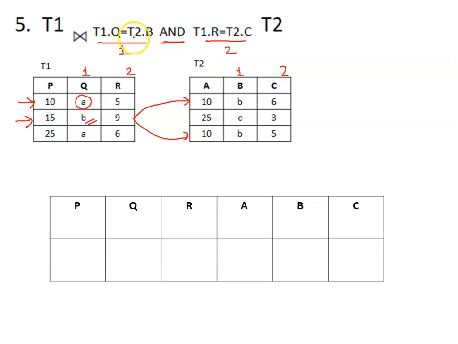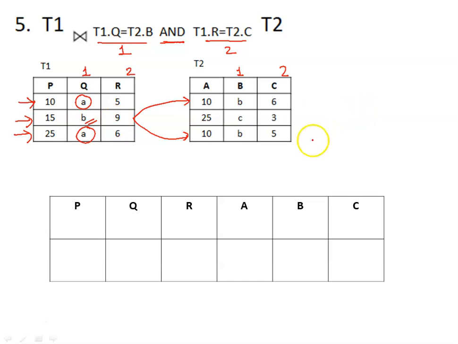Next thing, if the first condition is satisfied, we have to check for the second condition, that is with respect to R and C. Is there a match? 9, 6, 9, 5. No match. Okay, we move on to the third tuple. The value over here is A. So with respect to this, also there is no output, no match.